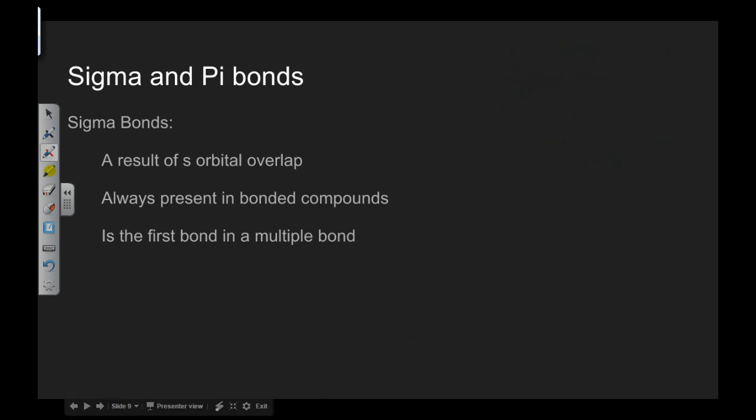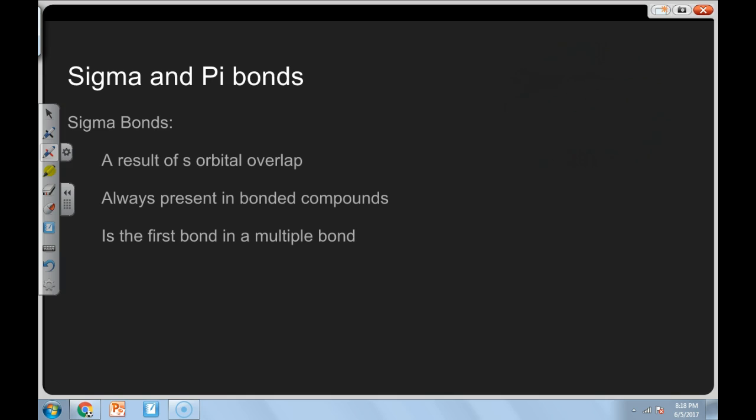So sigma and pi bonds are special types of bonds that result when two atoms come together. Before we get into the actual sigma and pi bonds, let's talk about hydrogen atoms.